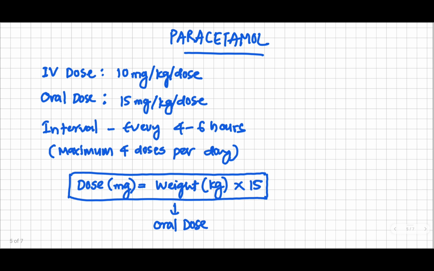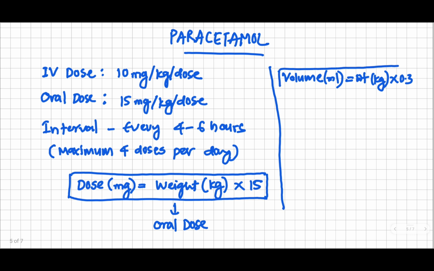But I will tell you here one of the easy shortcut tricks. For example, you want to calculate the volume, that is ml, in OPD. So how you can calculate? It is very simple. That is volume in ml is equal to weight in kg into 0.3.